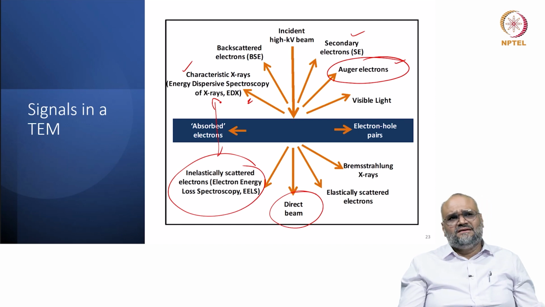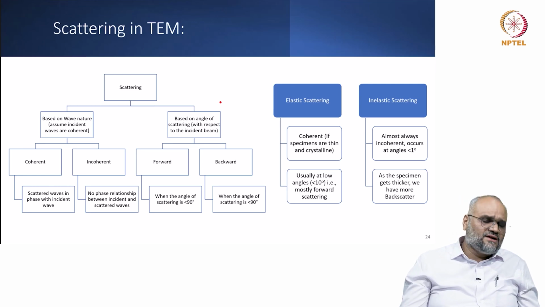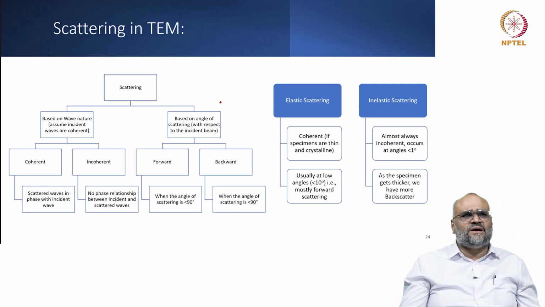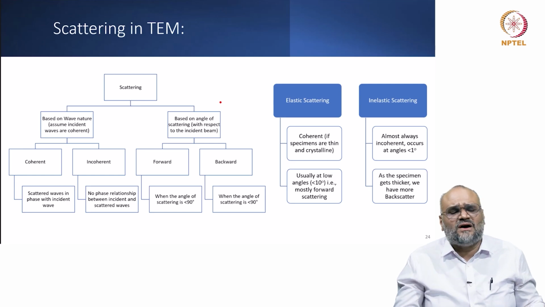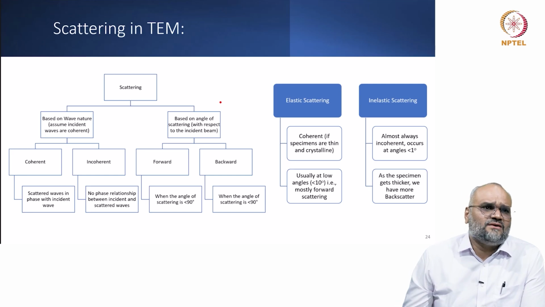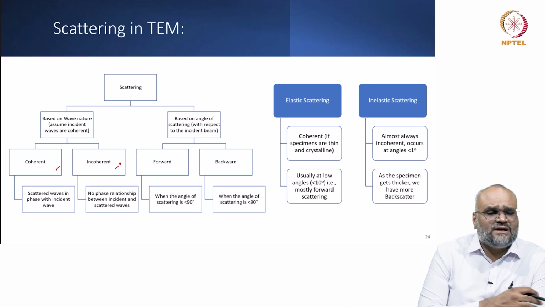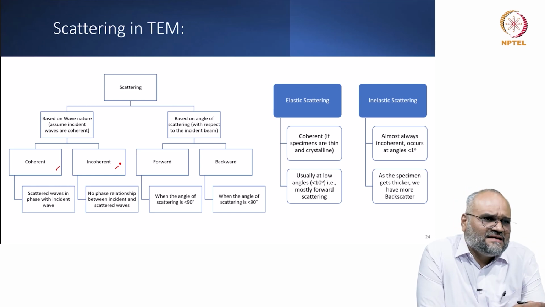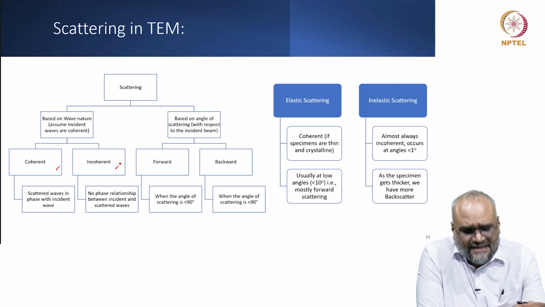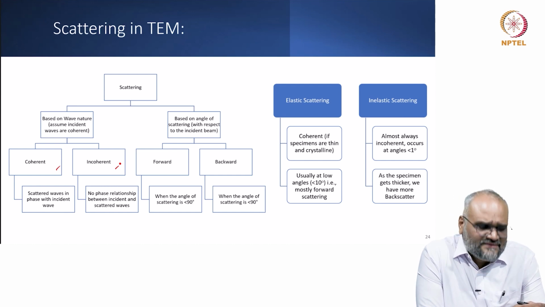If I look at the classification of scattering in TEM, I can classify scattering on the nature of the interaction that is happening, assuming that you have a wave nature. In fact, I always say that you cannot separate the wave or the particulate nature, the dual nature of the electron, but for understanding, you simply look at it as either coherent or incoherent scattering, where the scattered electron wave is either in phase in coherent scattering or there is no direct phase relationship between the incident and the scattered waves.